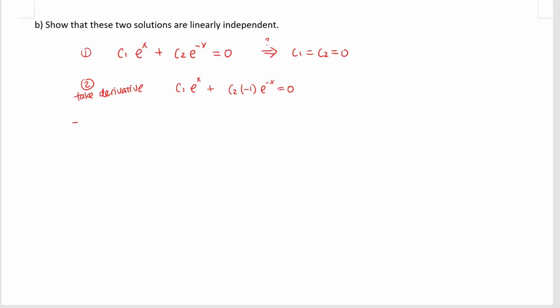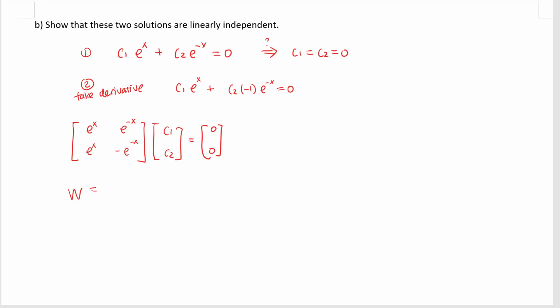Now we can form a matrix. The coefficients are e to the x, e to the minus x, which is the first equation. The second equation is e to the x, negative e to the minus x. So that's why here we have the system and the Wronskian.